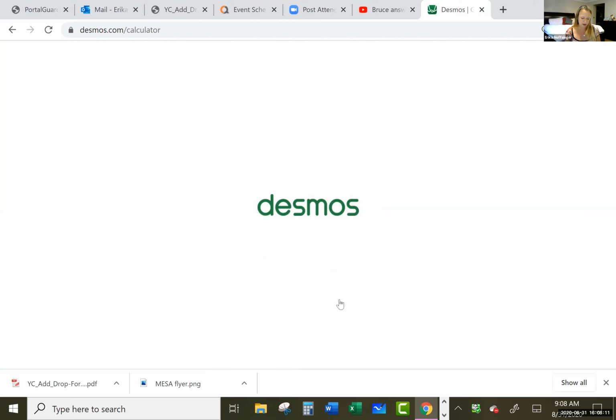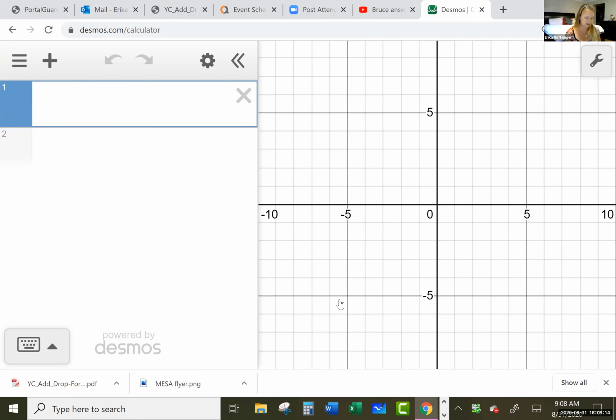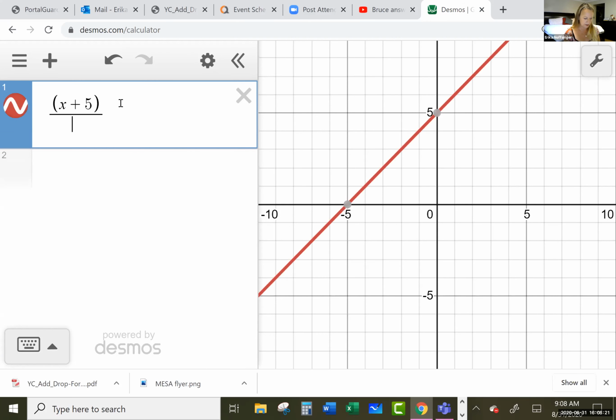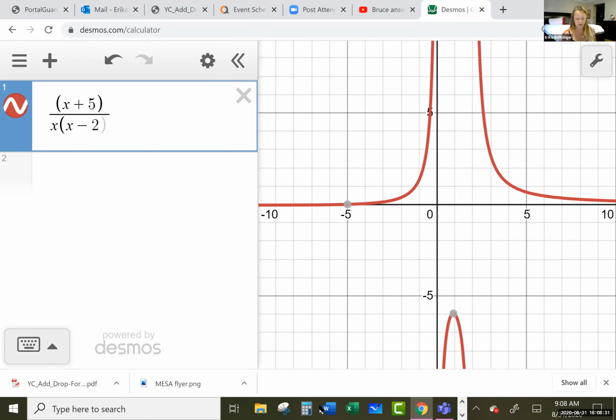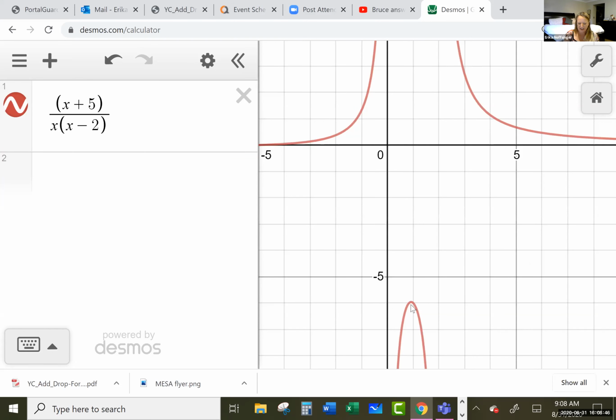So our numerator, I'm going to put parentheses so it knows that I'm plugging that in. I have x plus 5, all divided by parentheses, x all times x minus 2. So as x goes to 0 on the right, that was shooting upwards. As x goes to 0 on the left, it's shooting downwards. Later on in this course, we'll be able to find this value.